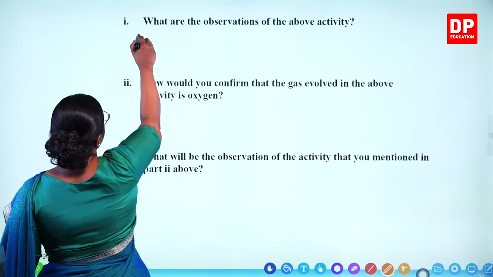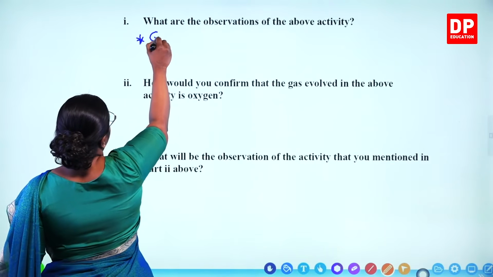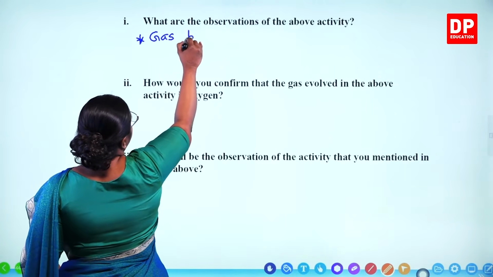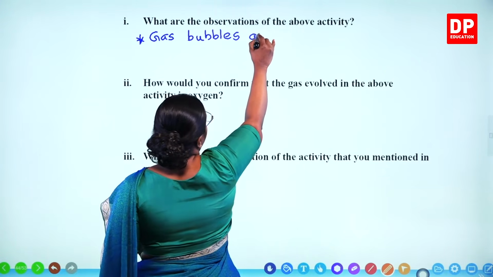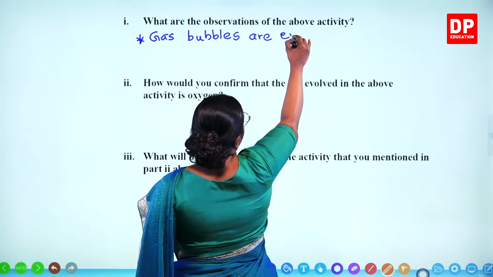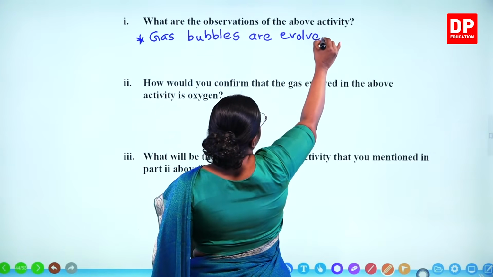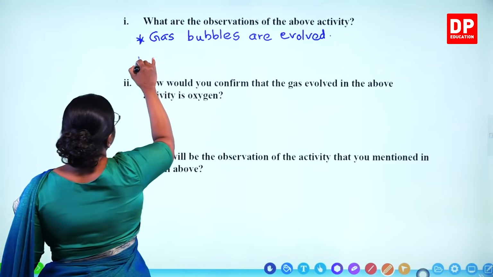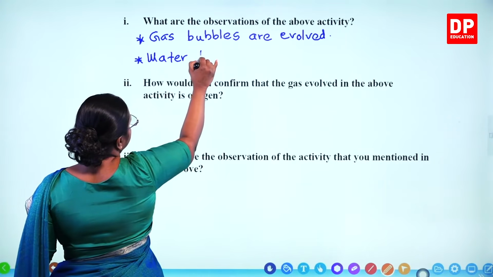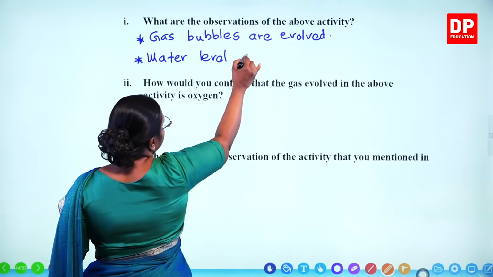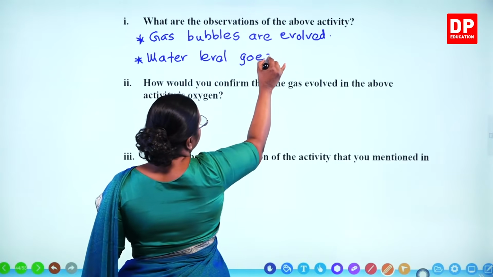So those are the observations. Gas bubbles are evolved and you can see the water level goes down.